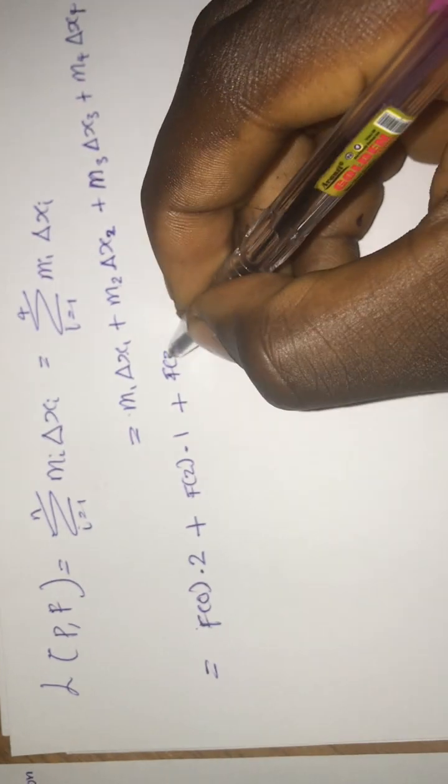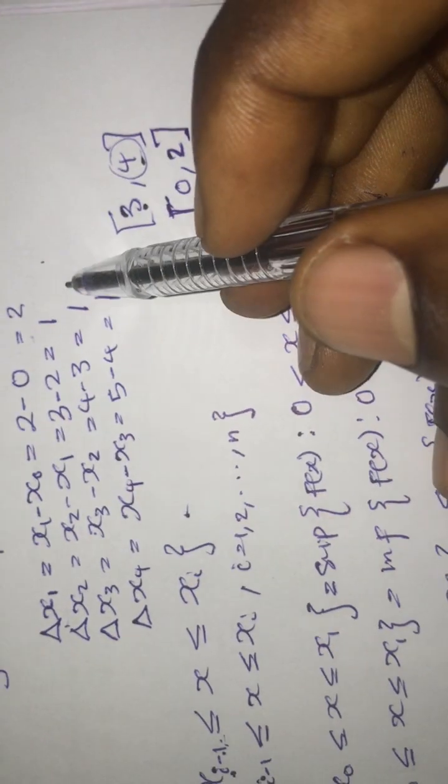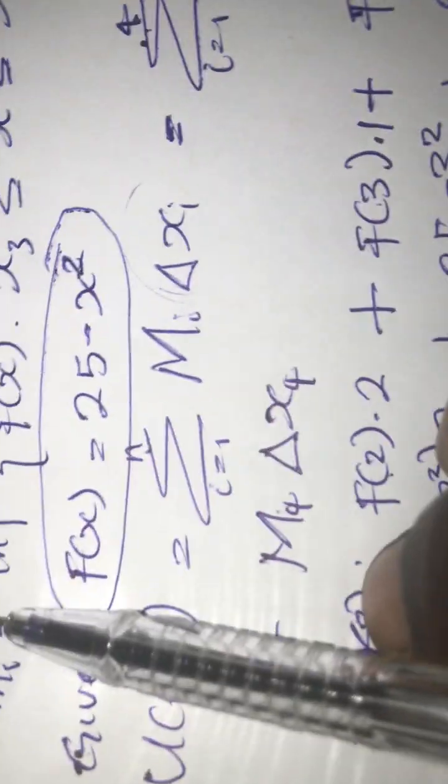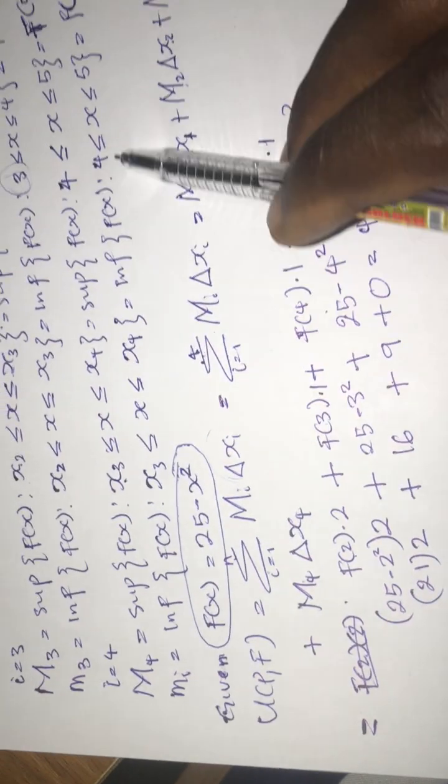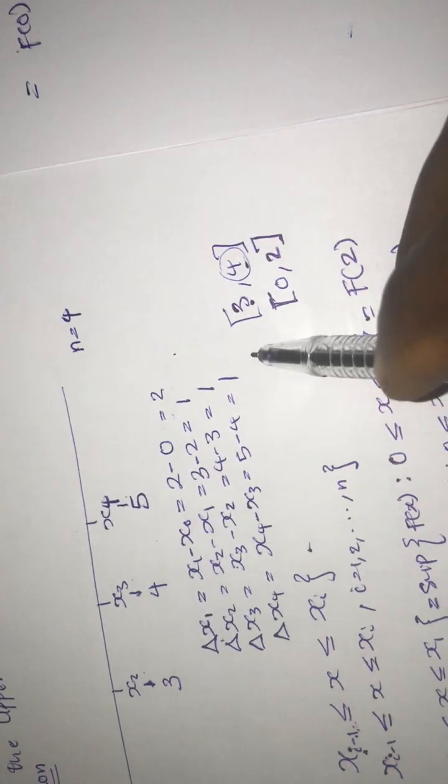Plus small m3, which is f of 3, with delta x3 here being 1, so dot 1. Plus small m4, which is f of 4, and delta x4 here is 1, so dot 1. So from the function given to us, 25 minus x squared.